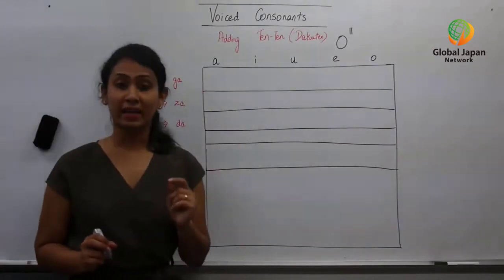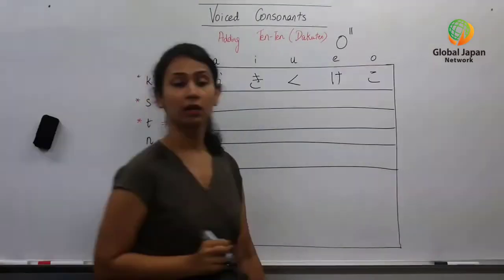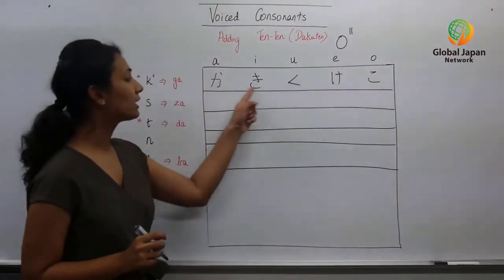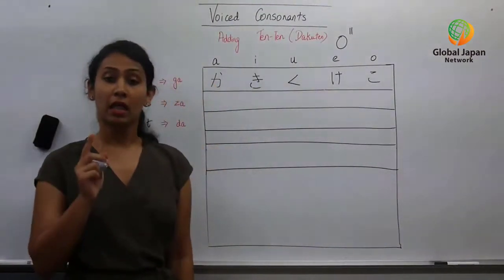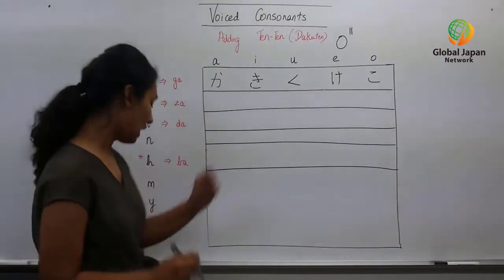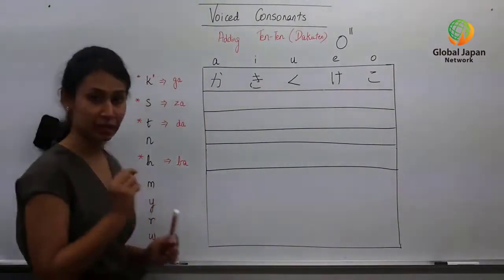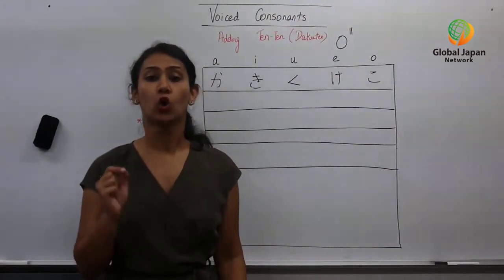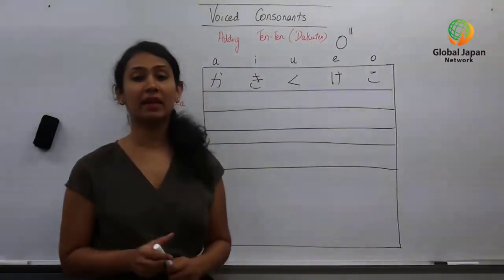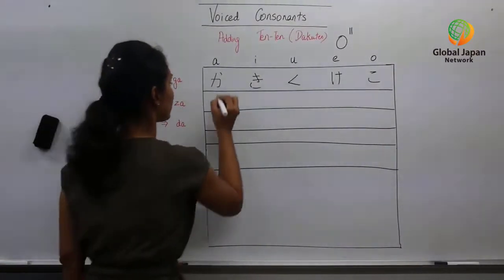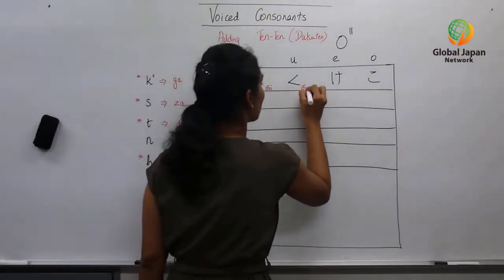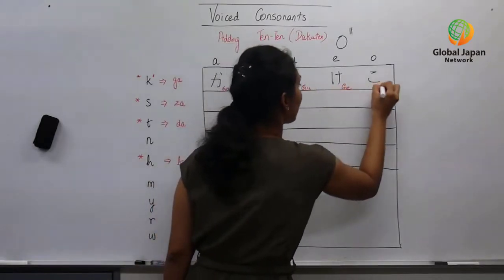Showing you the ga characters now. We had learned the ka characters as ka, ki, ku, ke, ko. Now I can convert ka, ki, ku, ke, ko into ga, gi, gu, ge, go. Let me write the sounds in English first: ga, gi, gu, ge, go.